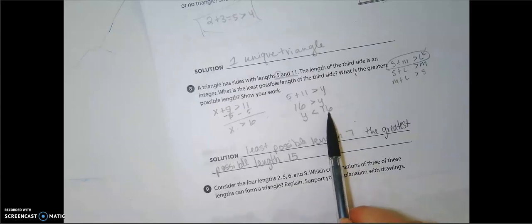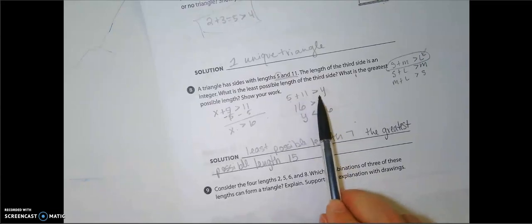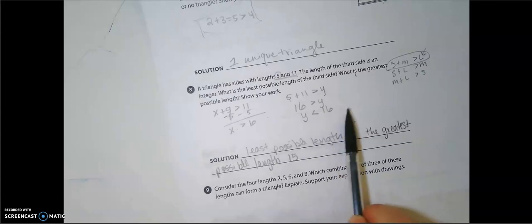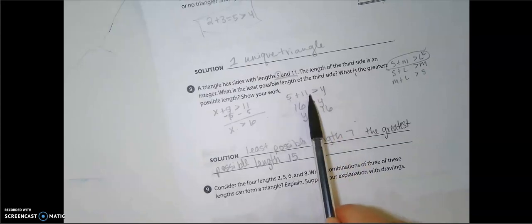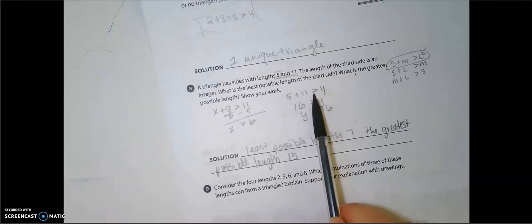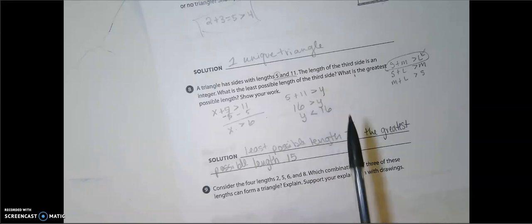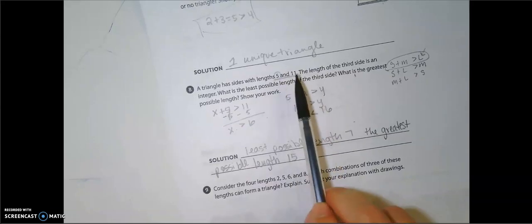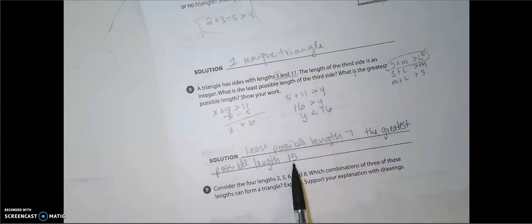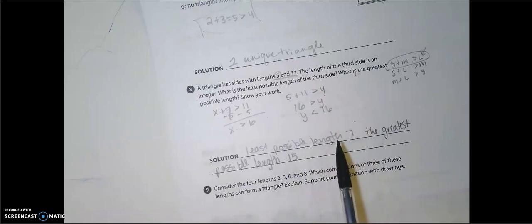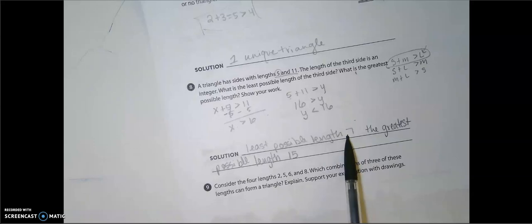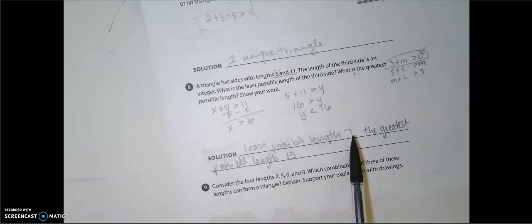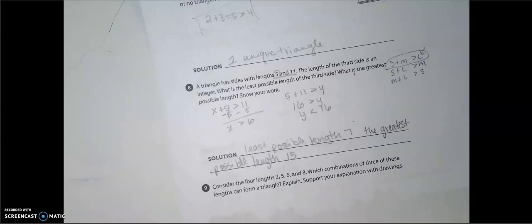Because if I choose 16, then 5 plus 11 is 16. If I go above 16, then my 2 smaller sides will not be greater than my largest side. Therefore, the greatest possible length for this triangle with two side lengths already known as 5 and 11 is 15. The smallest possible length is 7. So anything between 7 and 15 will work.